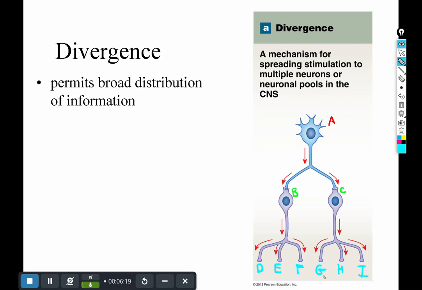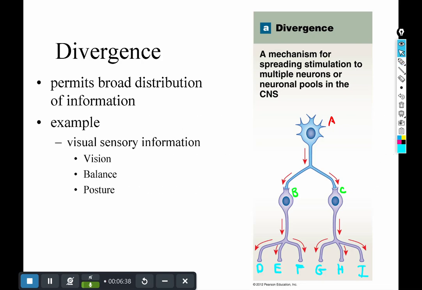And then if each of these neurons down here have multiple axon collaterals, what started as an action potential propagating along the axon of one neuron is now many action potentials propagated along the axons of a great number of neurons.